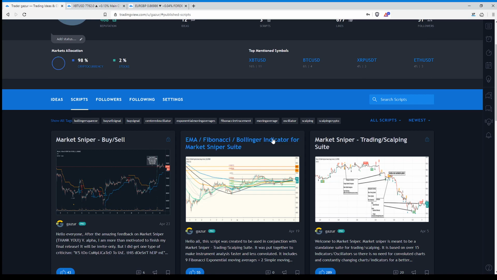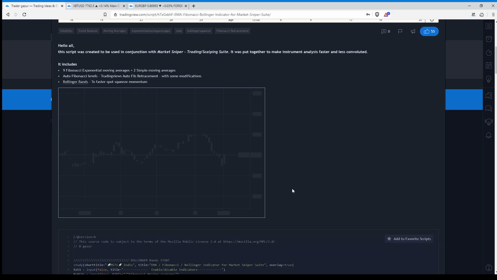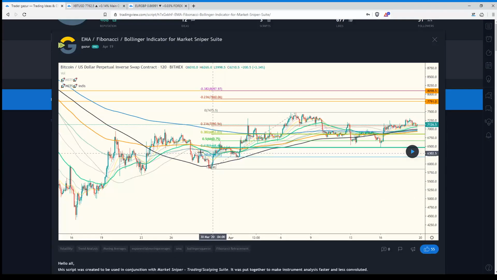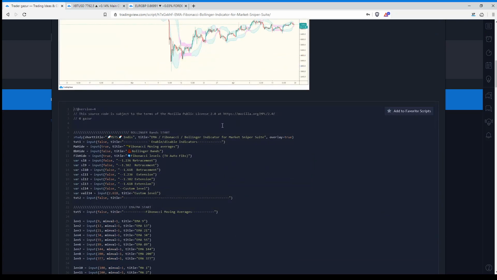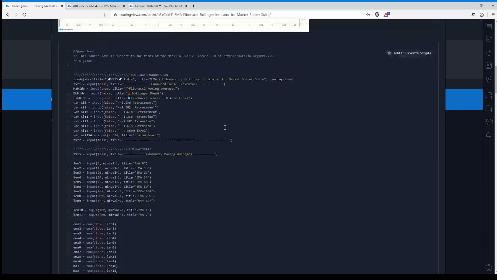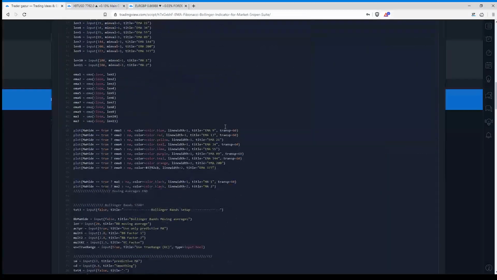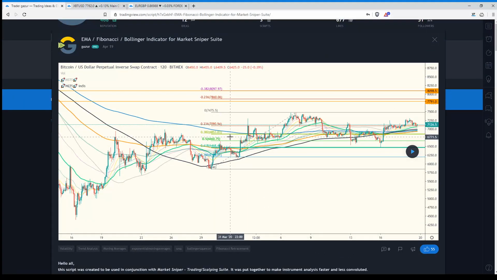These are the main tools I use, which is the Fibonacci EMAs, some moving averages, and Bollinger Bands. I also use the MACD, RSI, the stochastics, and horizontals. And that, put together with my algorithm, has proven to be very successful.